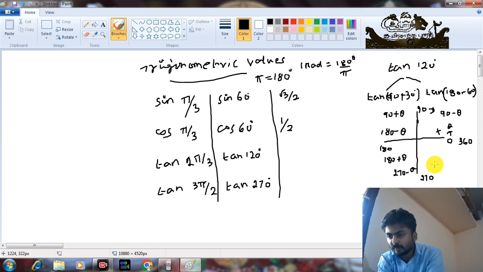Here we are having 270 plus theta, or 360 minus theta, or 0 minus theta. That is, we can simply write minus theta, sin of minus theta, cos of minus theta, and all those things. Actually they are equal to 360 minus theta.